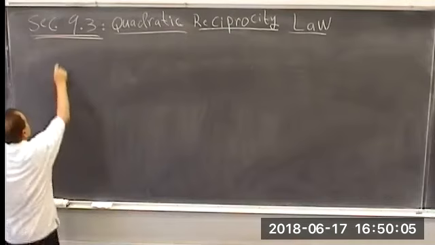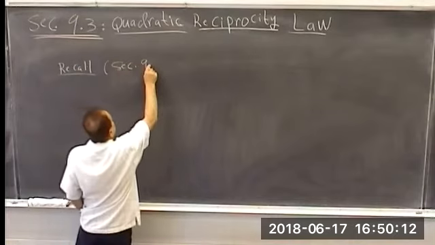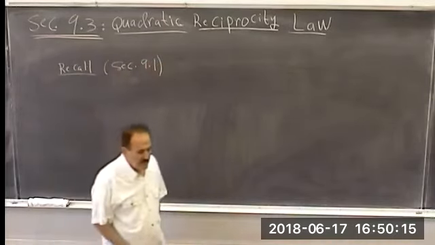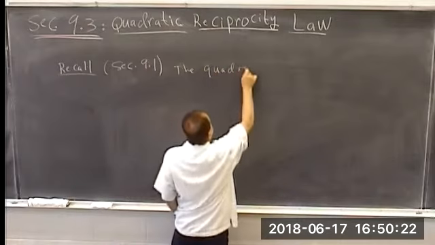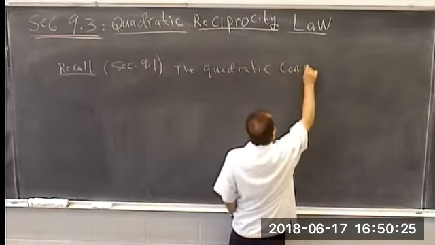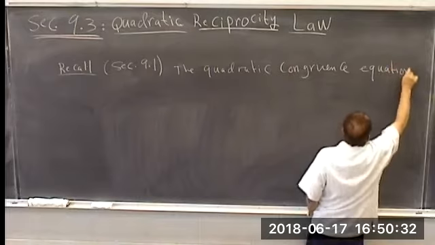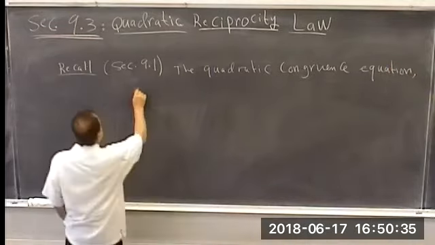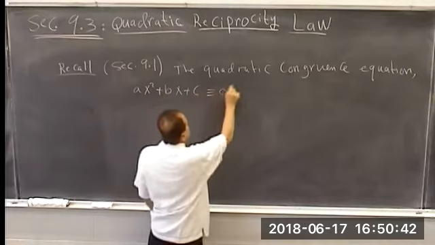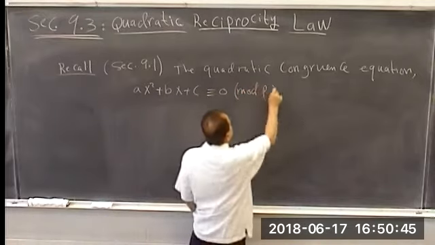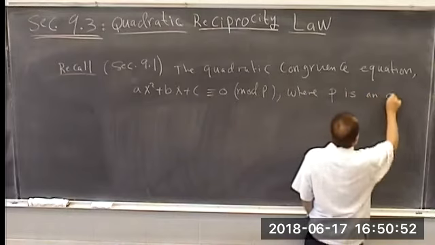Recall that the general quadratic congruence equation is ax squared plus bx plus c congruent to 0 mod p, where p is an odd prime.